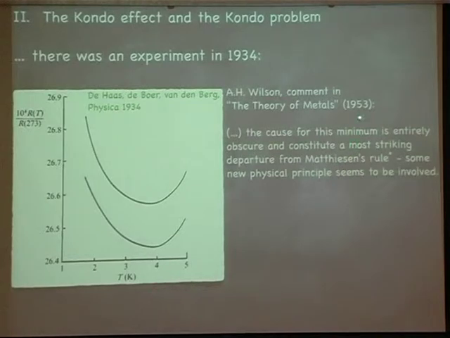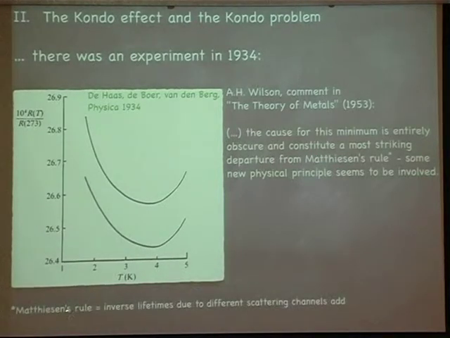Now, in 1953, H. Wilson, that's not the Wilson from the Wilson energy, commented in The Theory of Metals: the cause for this minimum is entirely obscure and constitutes a most striking departure from Matthiessen's rule. And Matthiessen's rule says the inverse lifetimes due to different scattering channels in a resistance simply add.